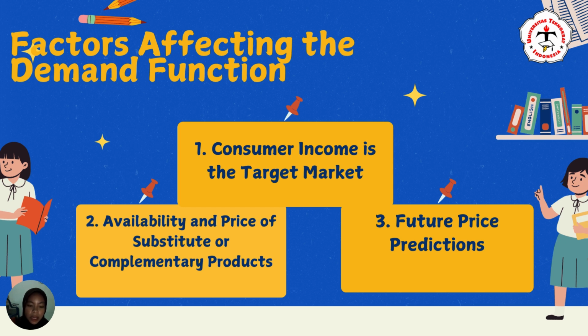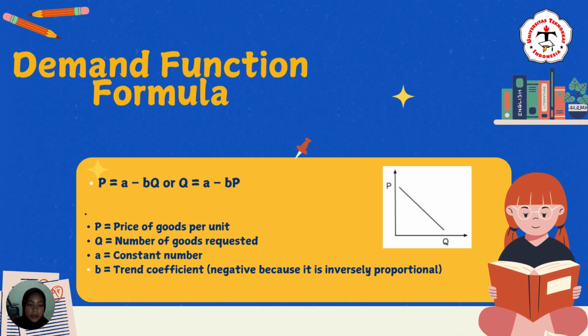People who hoard can sell the item they bought at a higher price. Because the demand function is always inversely proportional, to calculate the demand function and find the curve, you can use a demand function formula like this.